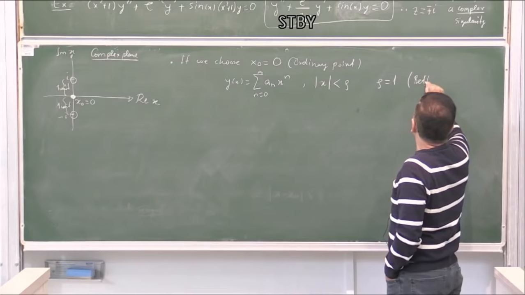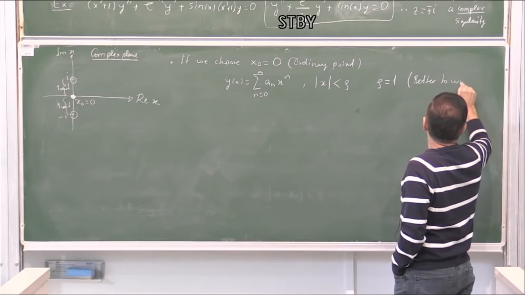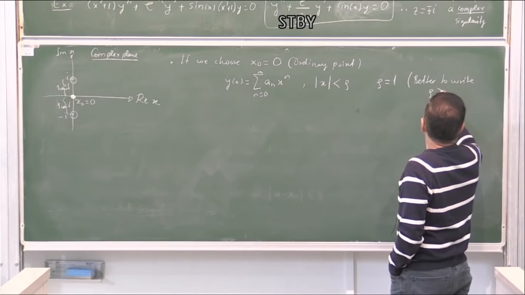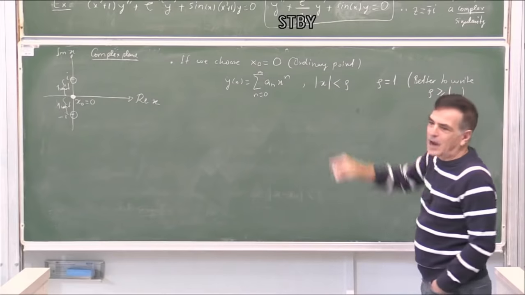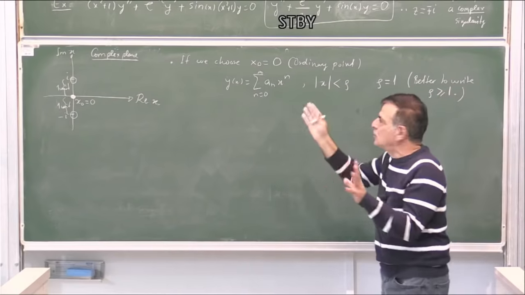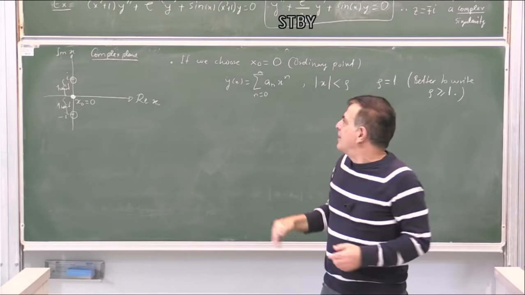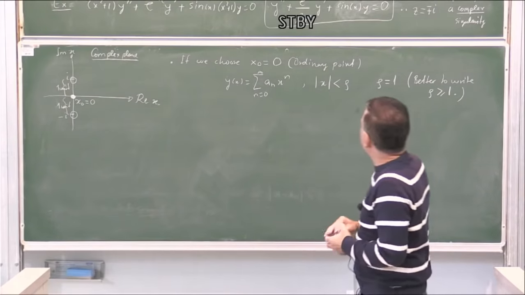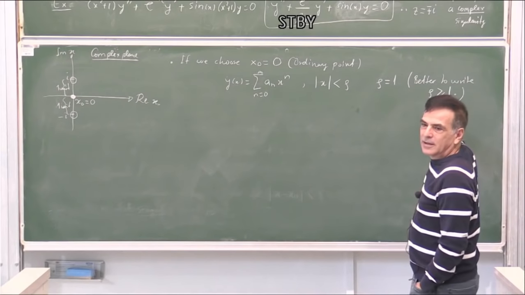Or more typically, sometimes it is better to write, to be more pedantic, rho is at least 1, because sometimes the solutions may be reduced to polynomials, and therefore they converge for all x, but at least rho is 1.